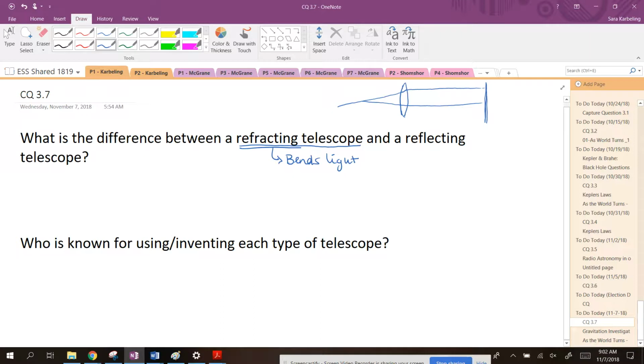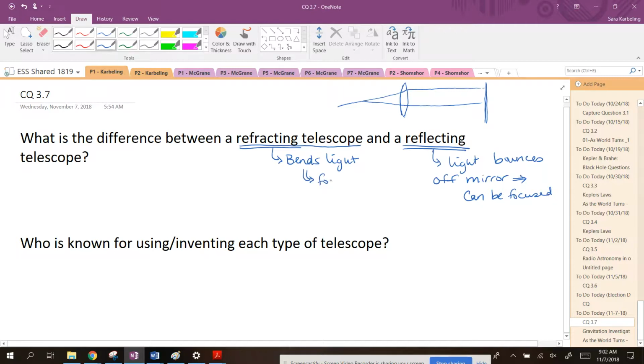So instead of the light going through, for reflecting, the light bounces, like off of a mirror. And then from that it can be focused. It bends light to focus it, focus or magnify.